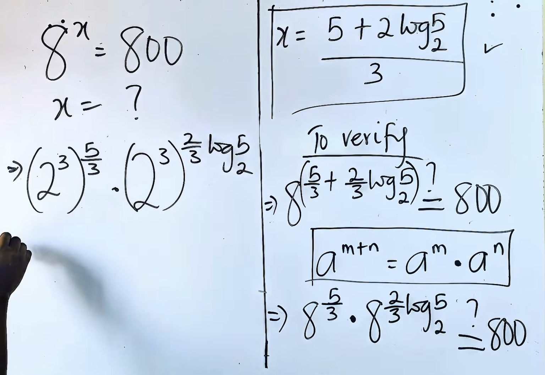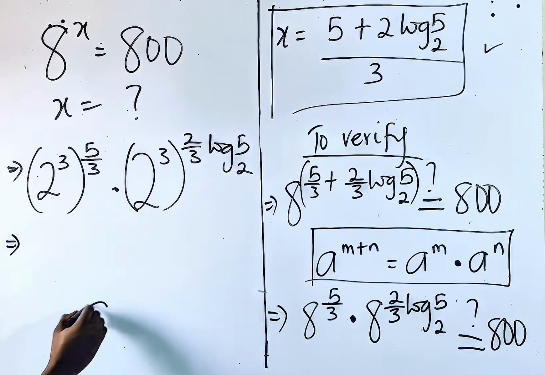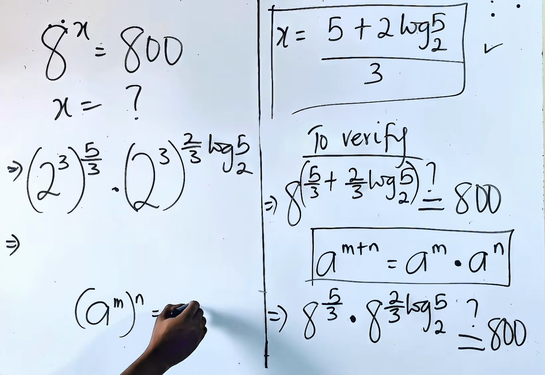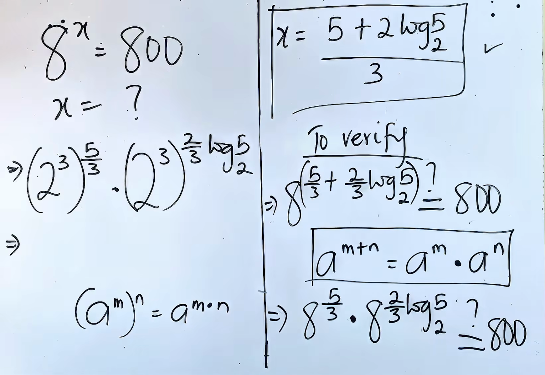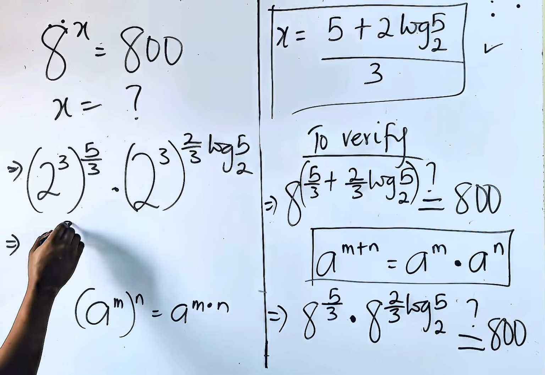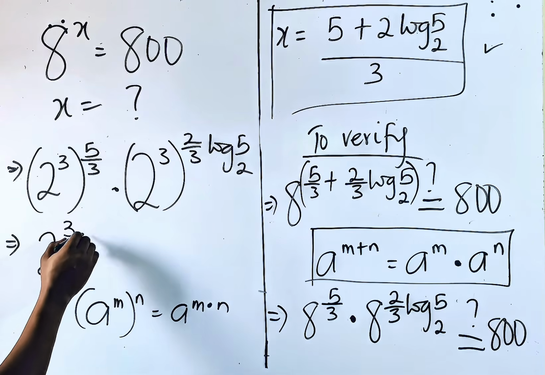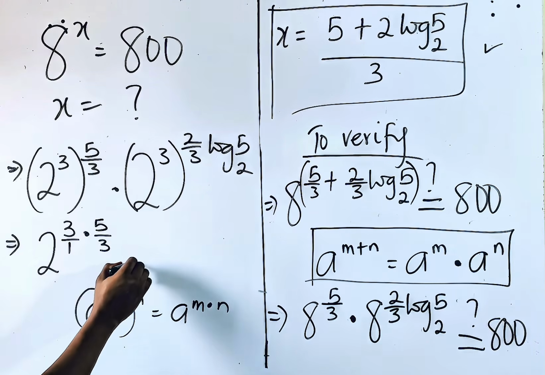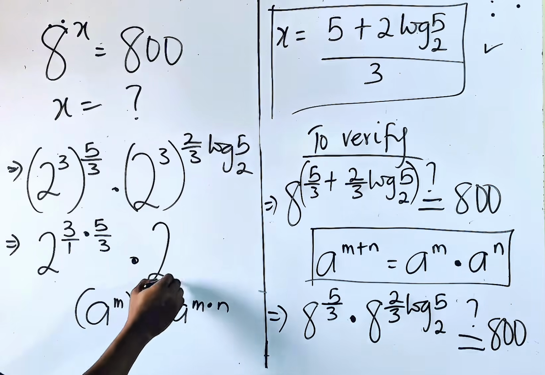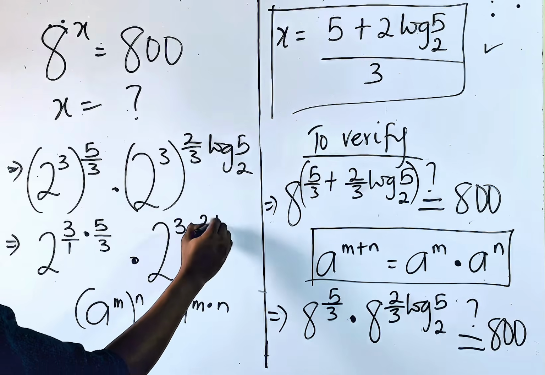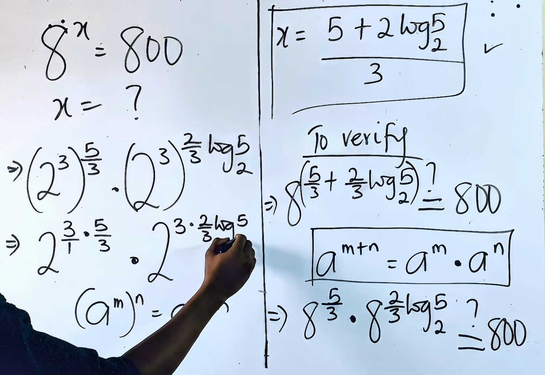Remember, for every a to the power of m raised to the power n, it is a to the power of m multiplied by n. So you are going to multiply these two powers. So you have 2 to the power of 3 over 1 multiplied by 5 on 3, multiplied by 2 to the power of 3 multiplied by 2/3 of log of 5 base 2.